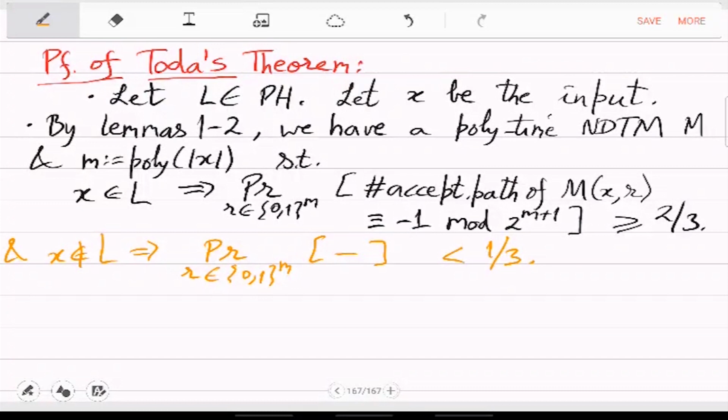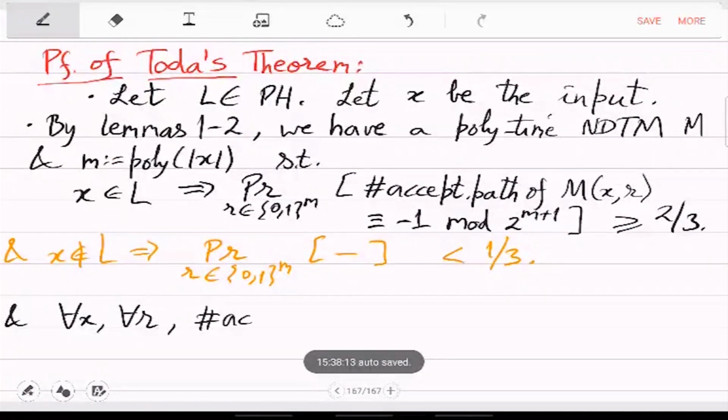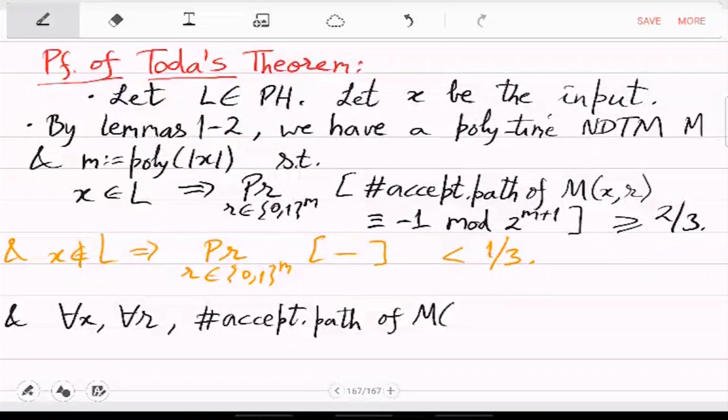Moreover, it's also true that for all x and for all r, the number of accepting paths of M(x, r) is either 0 or 1. Sorry, 0 or -1.